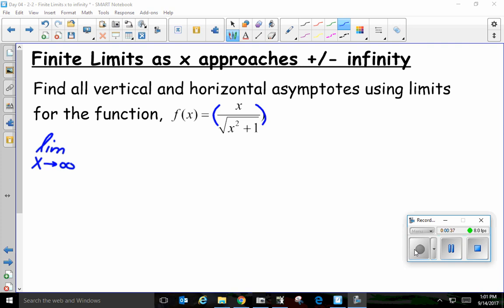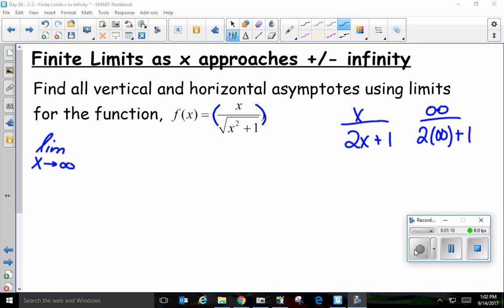Now, for those of you that were in pre-calc last year, when we found the limit as something approaches infinity, didn't we only really need to keep the biggest term on the top and the biggest term on the bottom? Because remember, if I have a fraction like x over 2x plus 1, and I plug infinity in here, I would have infinity over 2 times infinity plus 1.